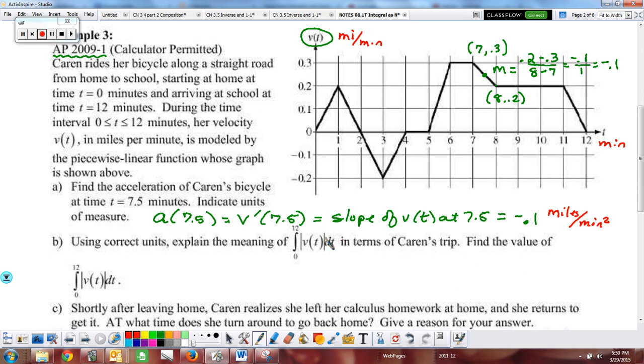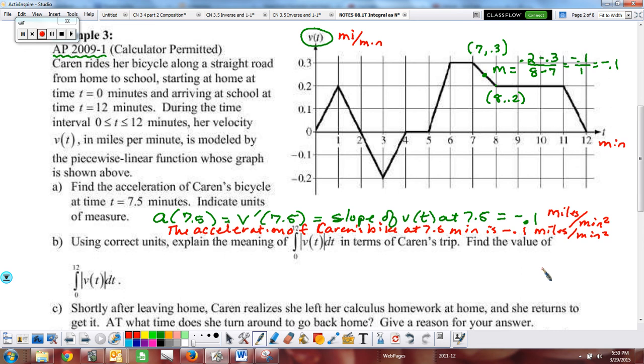You also probably should answer the question. We'd like to have that in. So I would say the acceleration of Karen's bicycle at 7.5 minutes is negative 0.1 miles per minute squared.